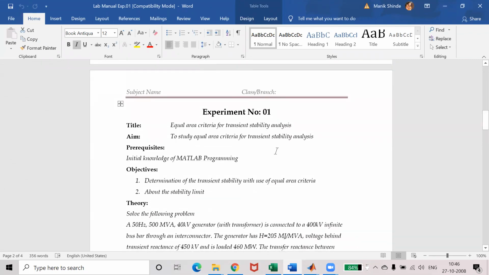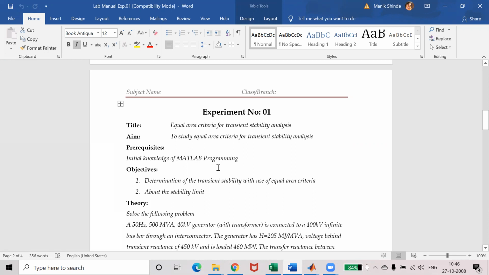Friends, today we are going to perform experiment number 1, equal area criteria for transient stability analysis. That analysis we can do by using MATLAB programming.